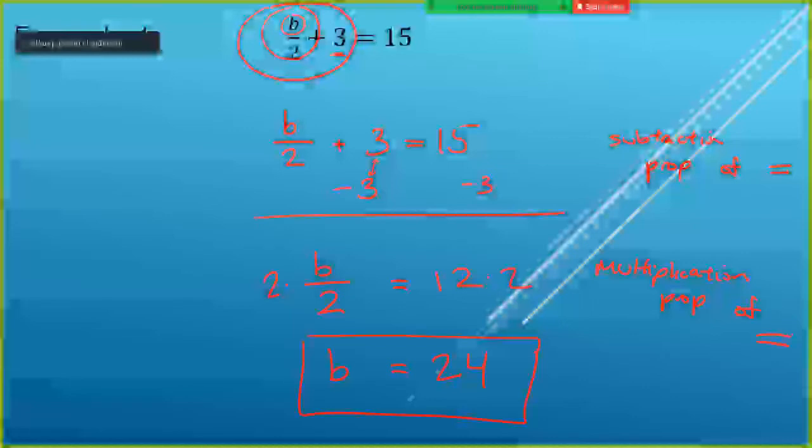Just by the way, keep that in mind. Let's be conscious of what we're doing while we're doing it. We used the subtraction property of equality, right? We minus 3 from both sides. And then we did the same thing for multiplying 2 to both sides. Okay.